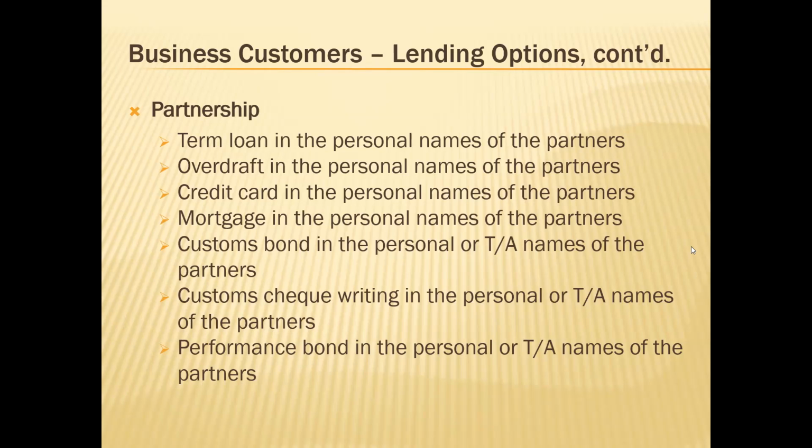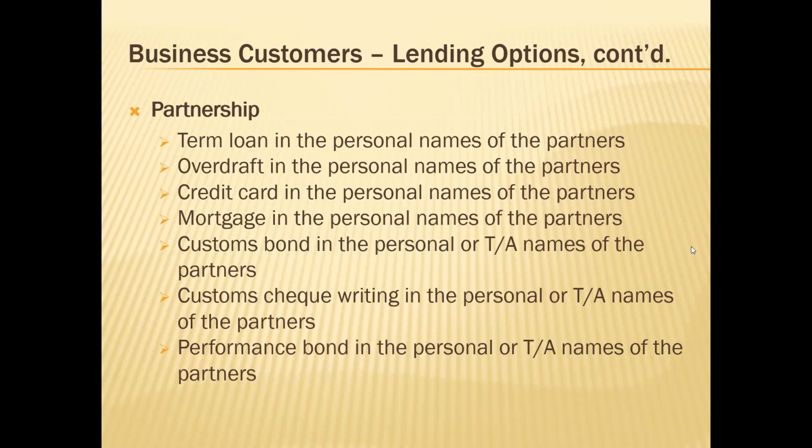Even to get into a certain wholesaling venture, you have to show that you have a business in the Bahamas. Okay, so that is why the customs bond can be their personal names and or their trading names.